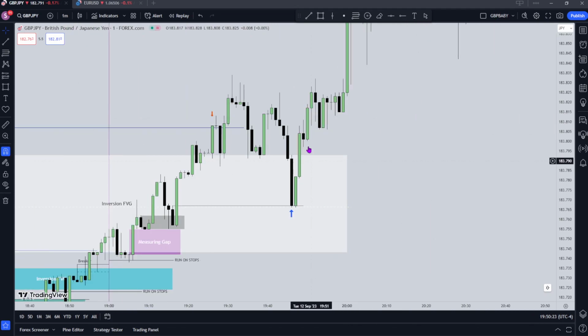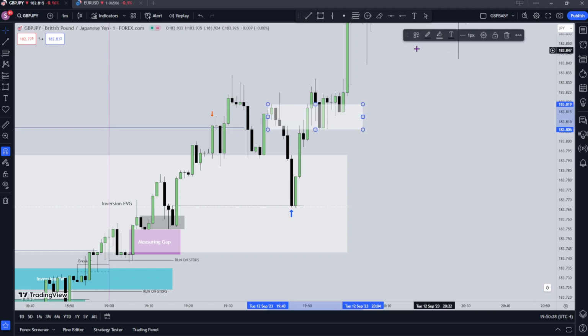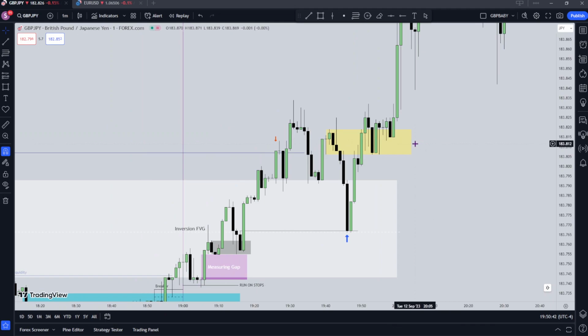And then where's our breaking market structure? Here, above this swing high. And then this would be the breaker, low, high, low, low. So these candles here would act as the breakers. More specifically, this range here would act as the breaker. A lot of consolidation.